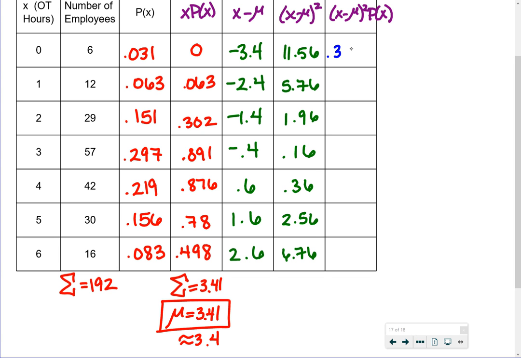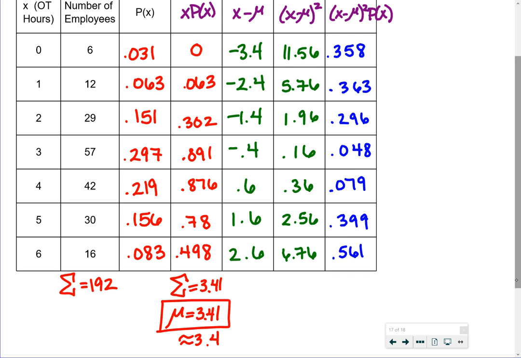So 0.358. 5.76 times 0.063, 0.363. 1.96 times 0.151, 0.296. 0.16 times 0.297, 0.048. 0.36 times 0.219, 0.079. 2.56 times 0.156, 0.399. And then 6.76 times 0.083, 0.561.